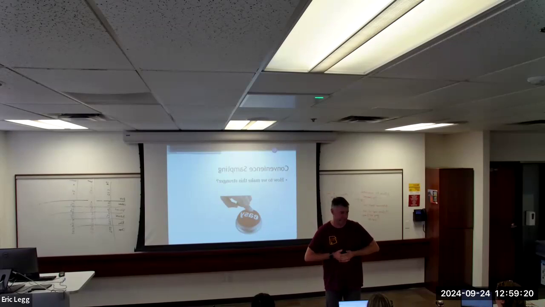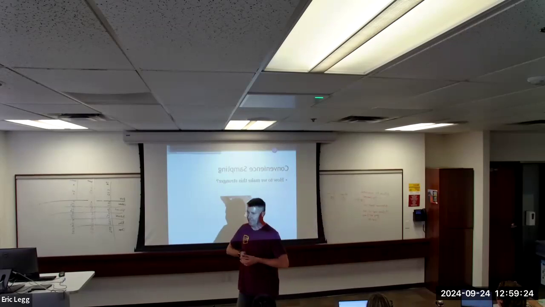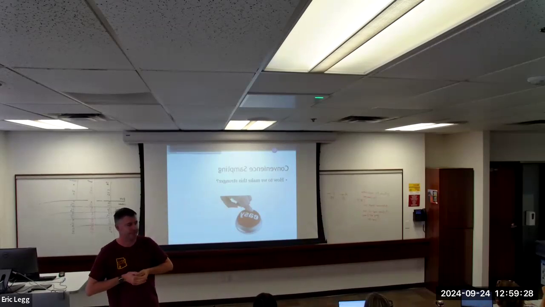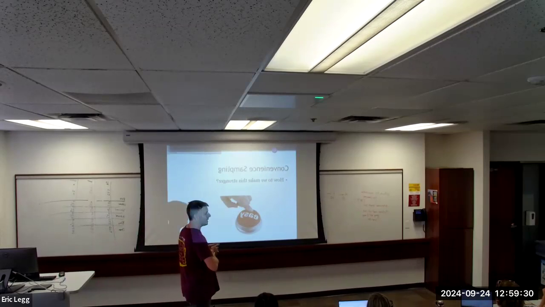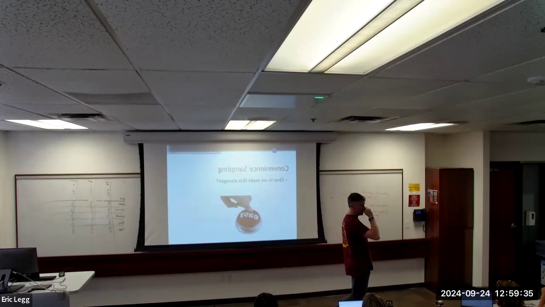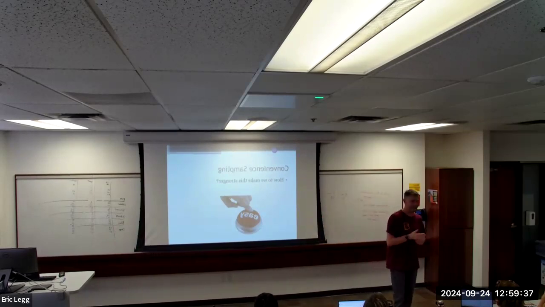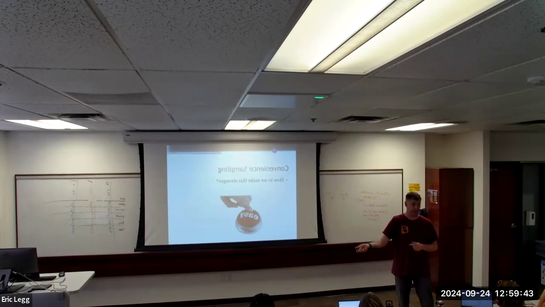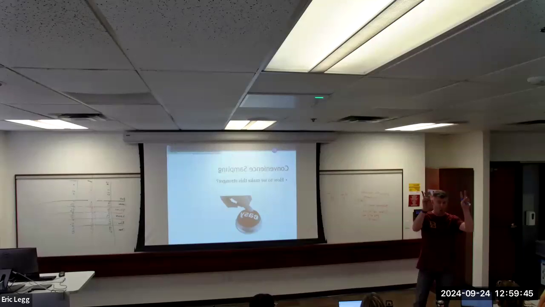There's some bias there. Remember, to be truly random, you have to have access to your entire population. If my population was downtown students, and I said every third person that passes me, I'm gonna give out a survey, now I'm systematic random. If I'm just randomly giving out surveys, I'm at convenience.